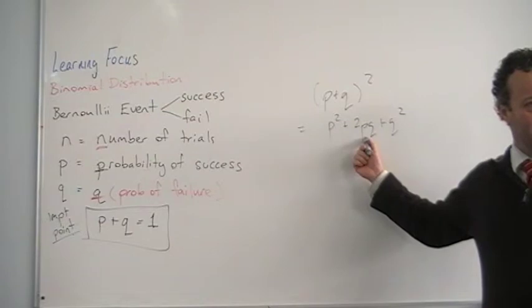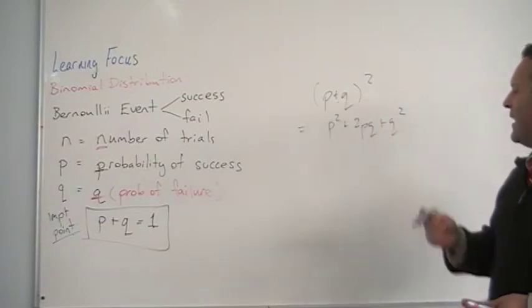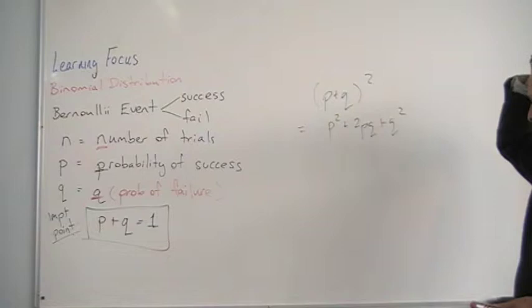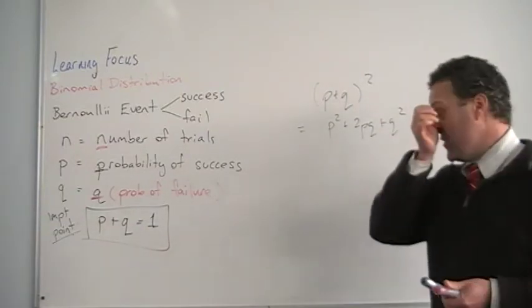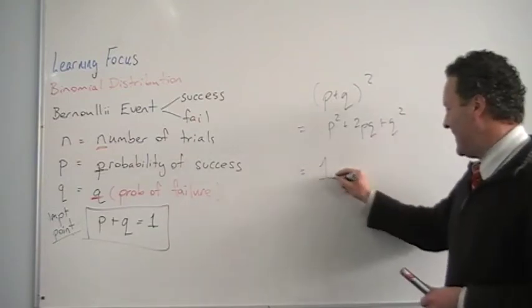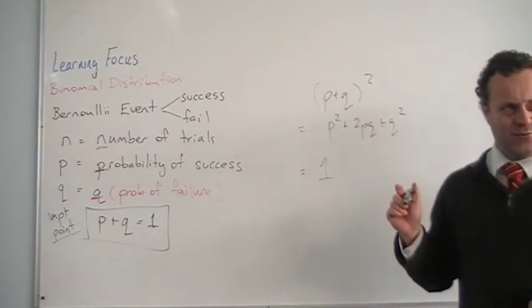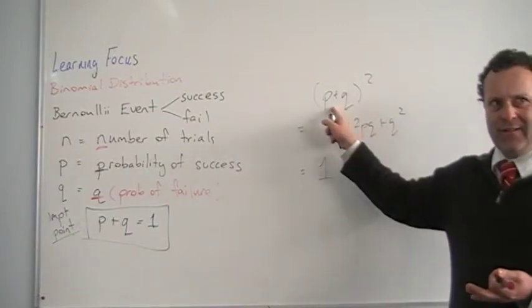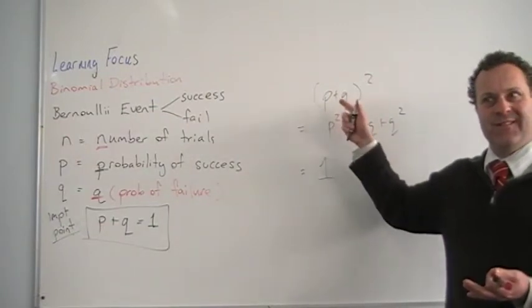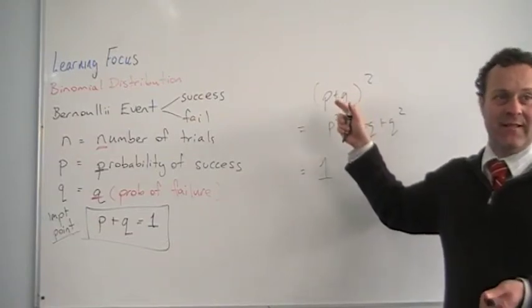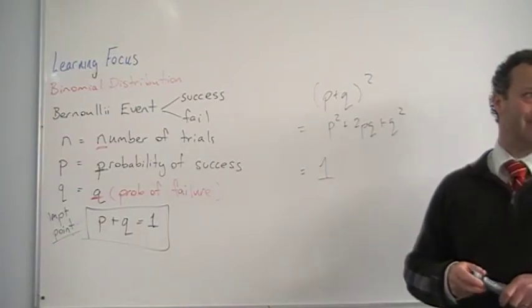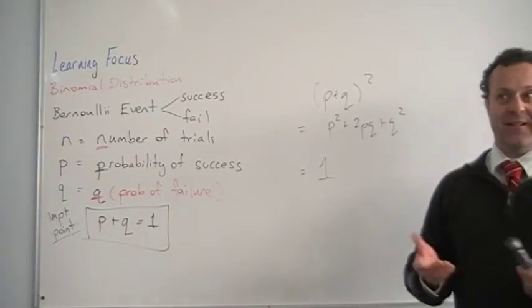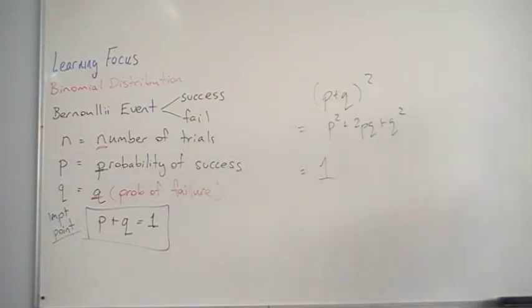So I went up to him at the end of the lecture and said, how did you get that? He looked at me in a strange way, and he said, well, P plus Q is 1. So 1 squared is 1. It was quite embarrassing, really.